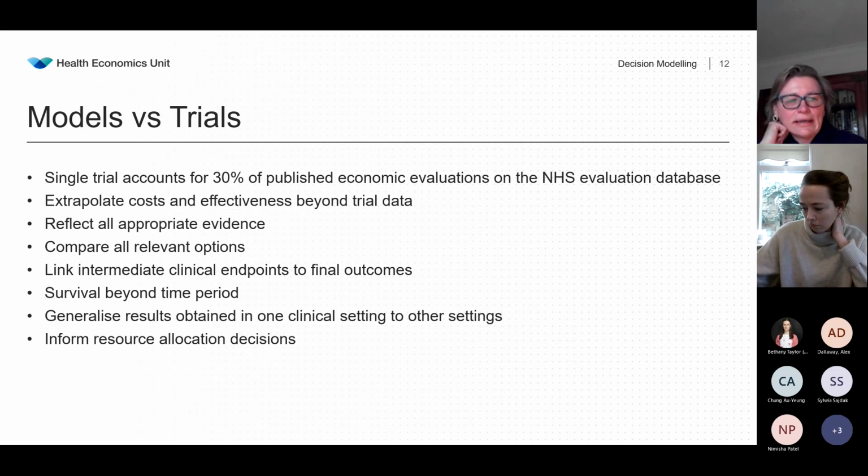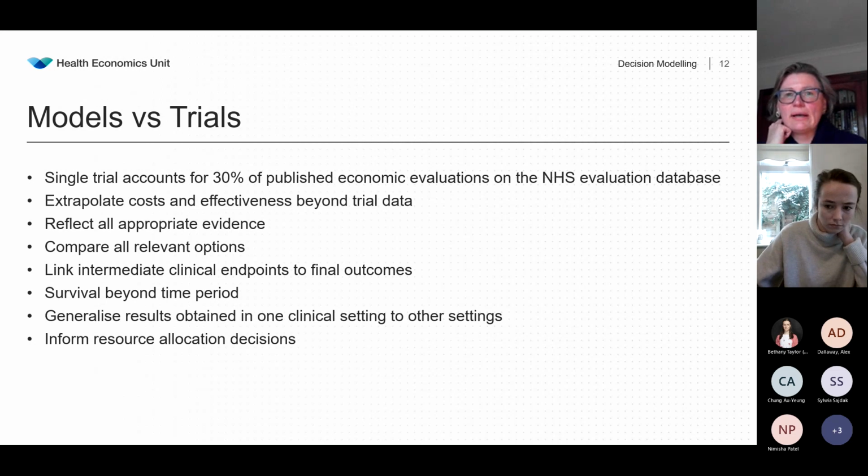With modeling, we could compare lots more options than is usually feasible within a trial. We can link some intermediate clinical endpoints to the final outcomes. We could extend the horizon and think about survival beyond the trial time period.